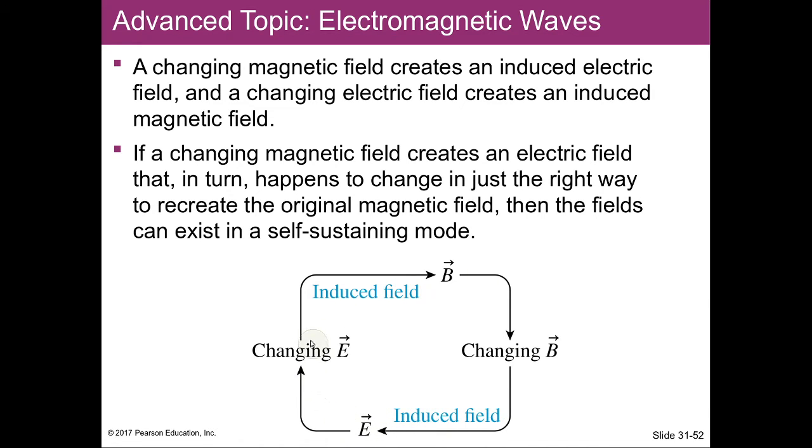The changing electric field induces a magnetic field that's changing as it's getting induced, and hence again inducing an electric field, and so on. And so what would that look like?